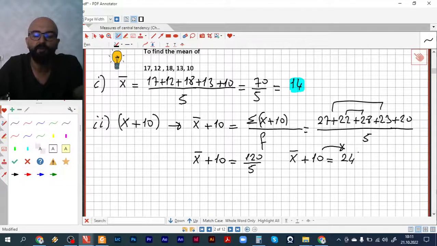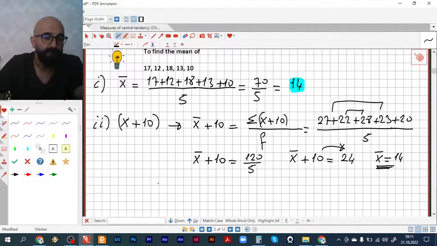And if you carry the 10 to the other side, it becomes 14, the same value. Maybe you want to use this process.